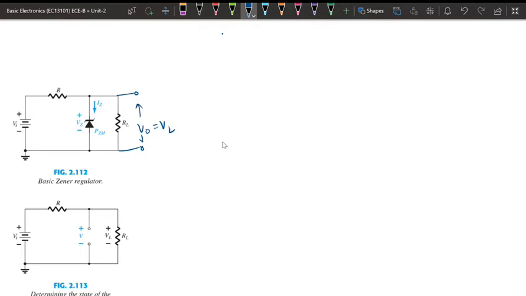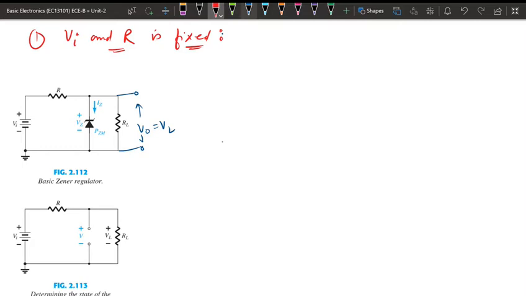The first case we are going to analyze is where Vi, that is the input voltage, and the resistance R, the limiting resistance, are fixed. This is the basic analysis. If these two values are fixed, how can we analyze this circuit?